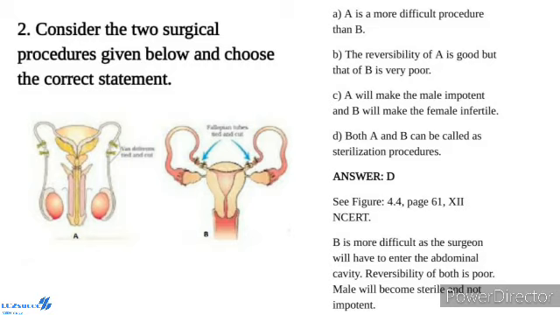These techniques are highly effective, but their reversibility is very poor. So the correct answer, option D. B is more difficult as a surgeon will have to enter the abdominal cavity. Reversibility of both is poor. Male will become sterile and not impotent.